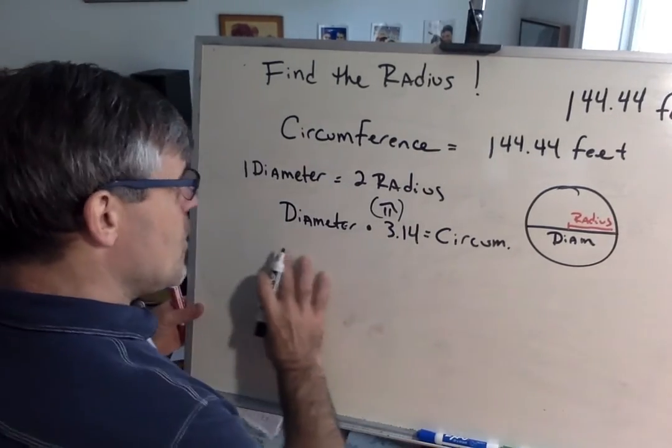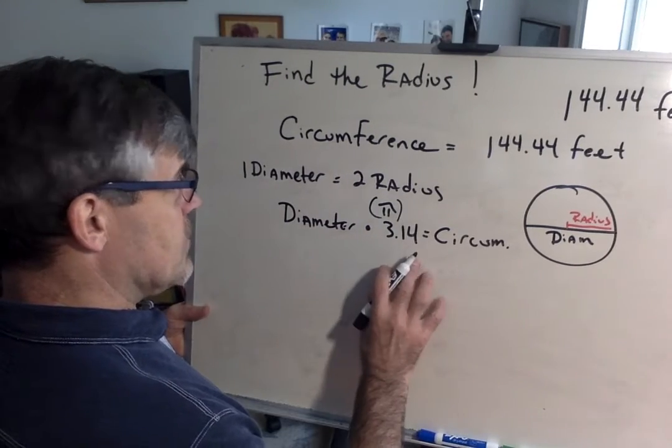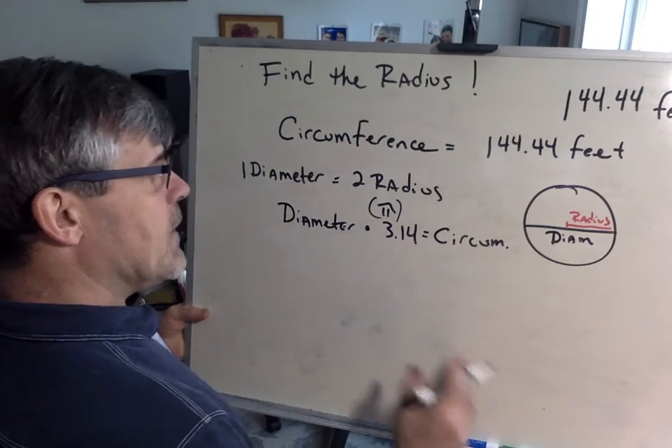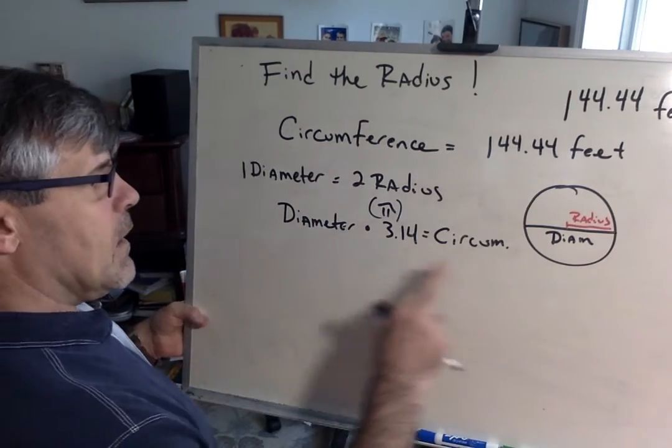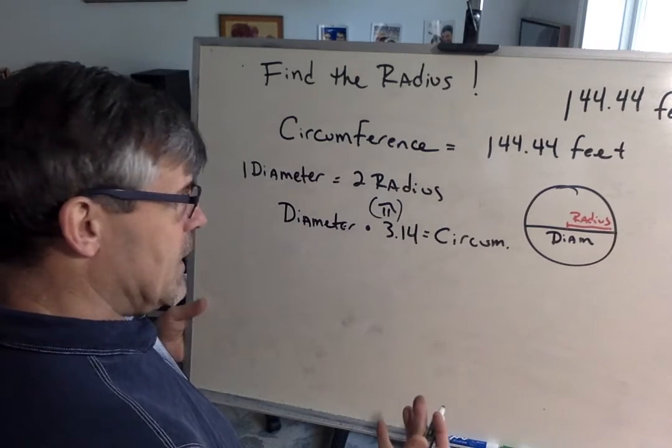So let's find out the diameter, and then if you divide that by 2, you'll find the radius.